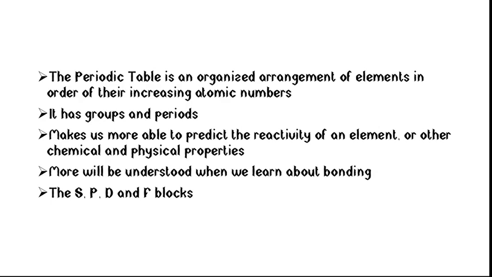So the basis on which the periodic table is made is increasing number of protons. Now protons are found in the nucleus of an atom. In the nucleus, there are protons and neutrons. Neutrons have no charge. Protons have a positive charge and electrons have a negative charge.